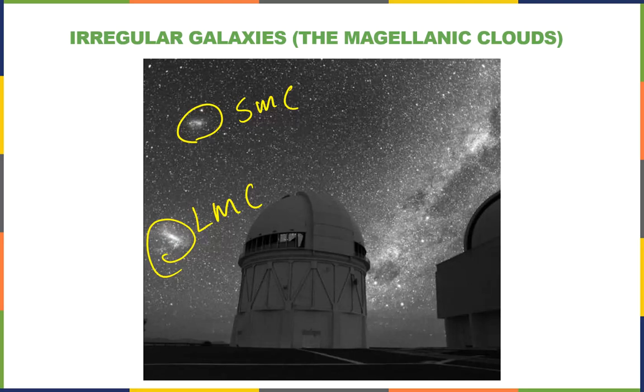Those don't look elliptical, and they don't look like spirals. So Hubble said, well, I'm just going to call these irregulars. Most galaxies fit into either the spiral or the elliptical camp. These are something different, so we're just calling them irregular galaxies.